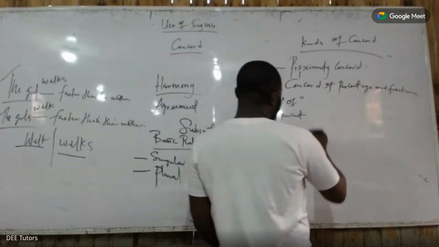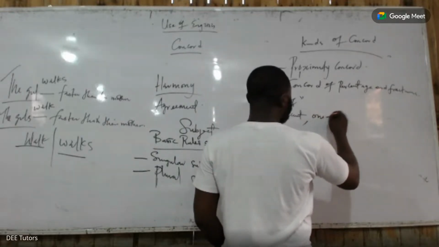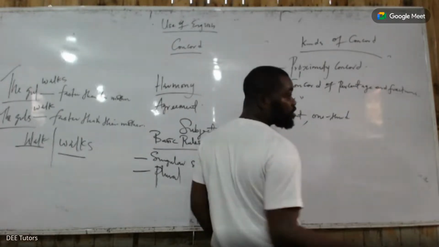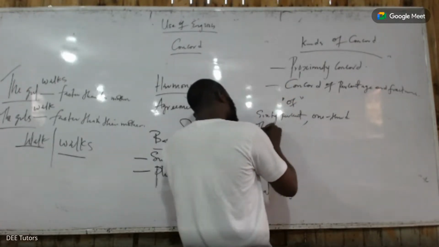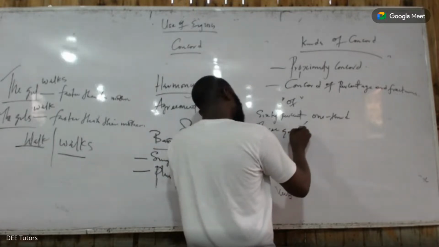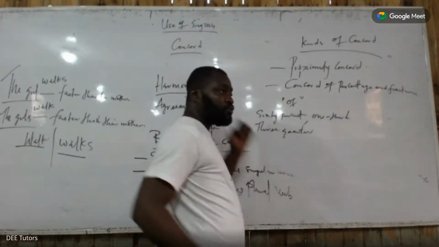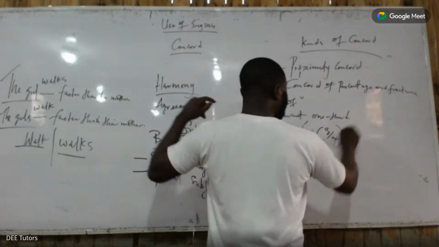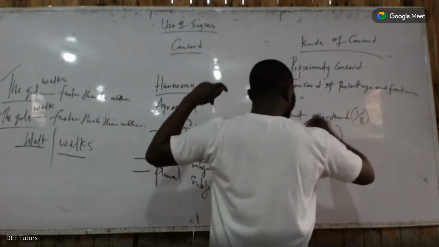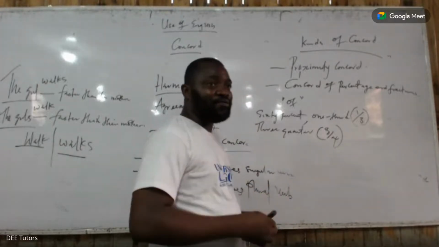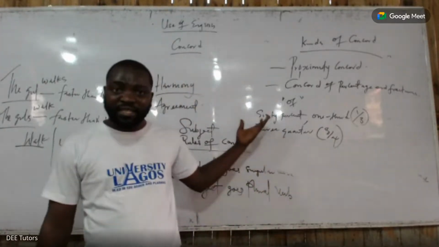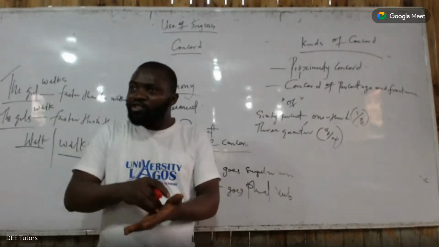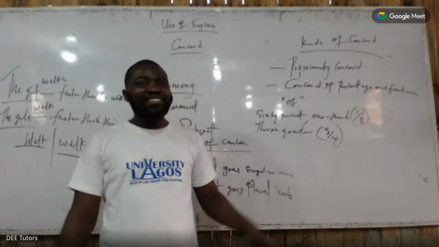An example of a fraction is 1/3, or 1/4, or 3/4. If I'm to convert this to a fraction, that's going to be 3/4. This is going to be 1/3. That's a fraction.